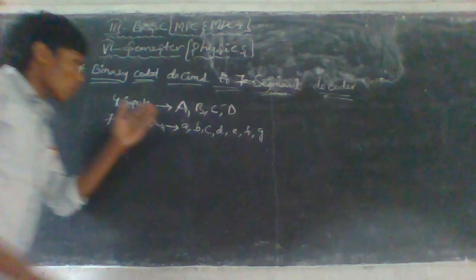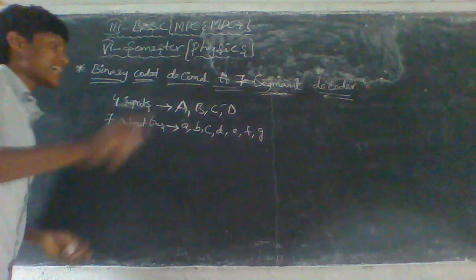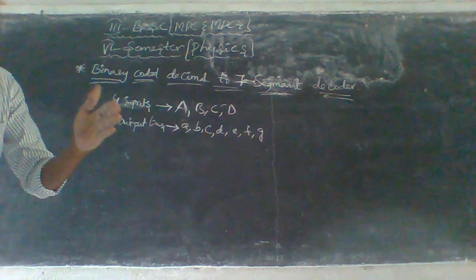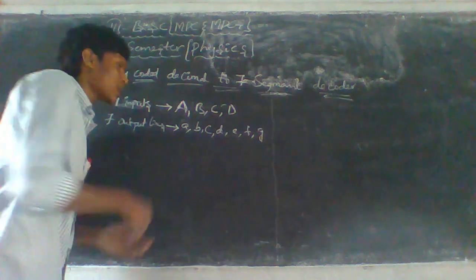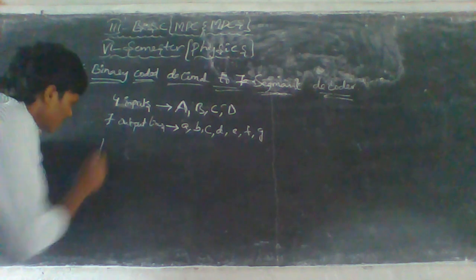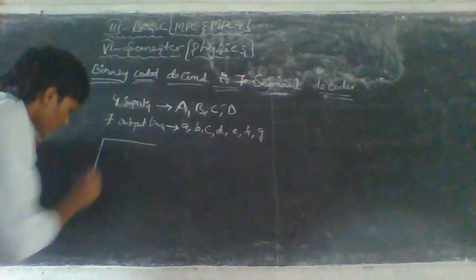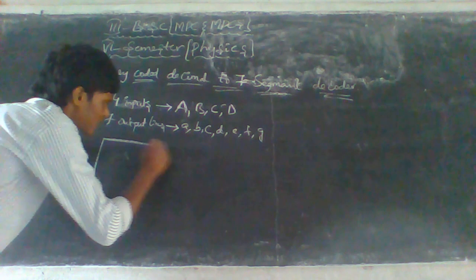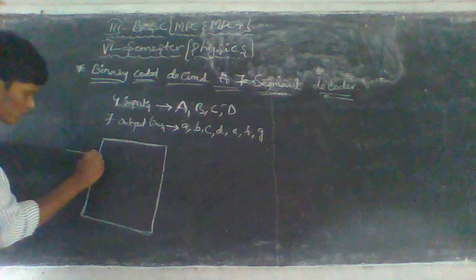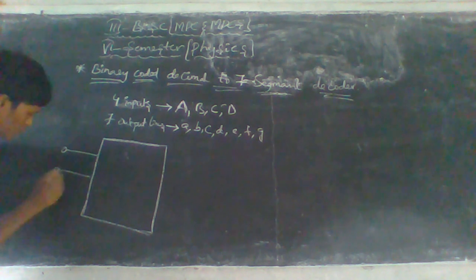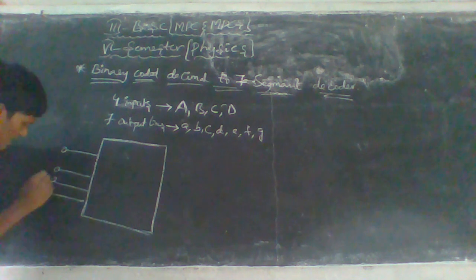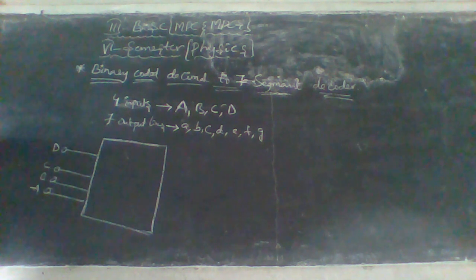We can see the basic diagram of the BCD to 7 segment decoder to 7 segment LED display, with 4 input lines A, B, C, and D.